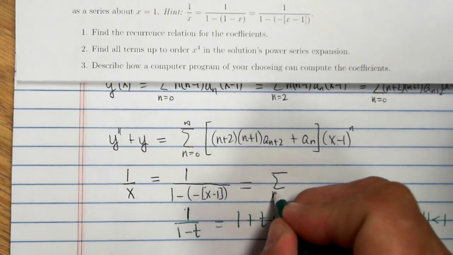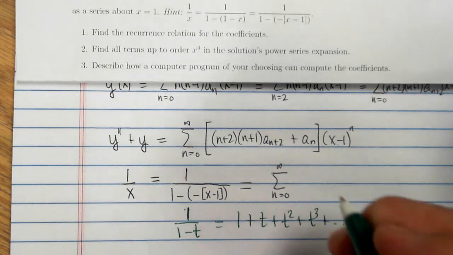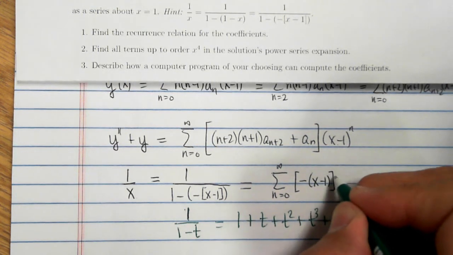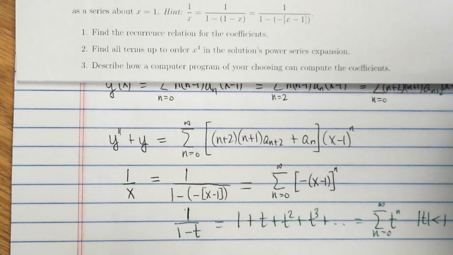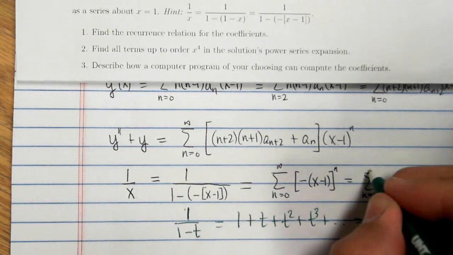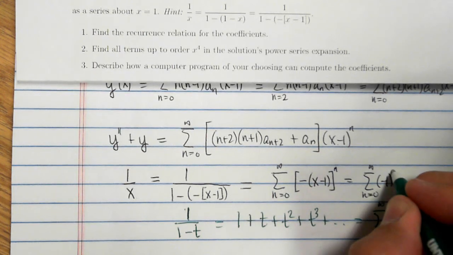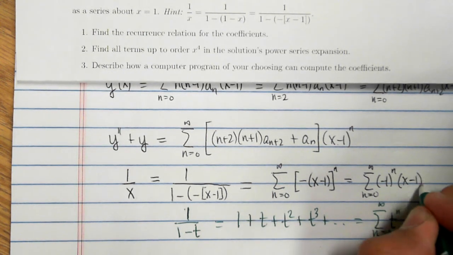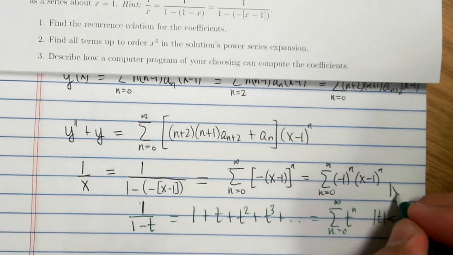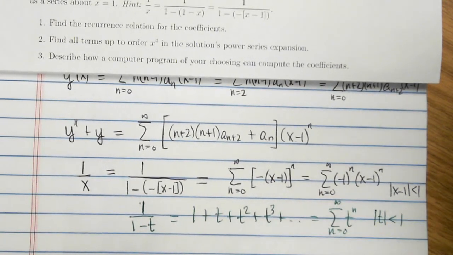And I get summation n equals 0 to infinity of negative x minus 1 to the nth power, or summation n equals 0 to infinity of negative 1 to the n times x minus 1 to the nth power. And this is going to work as long as absolute value of x minus 1 is less than 1.